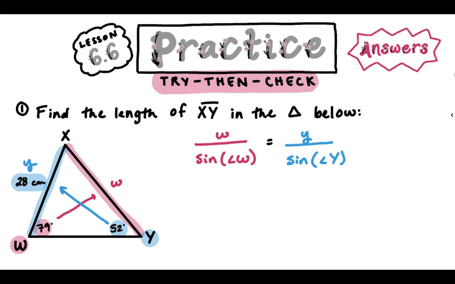I don't know little w, so we're going to leave that as little w, but I know that angle W is 79. So sine of 79 degrees is equal to little y, which is 28 centimeters, divided by sine of angle Y, which is 52.